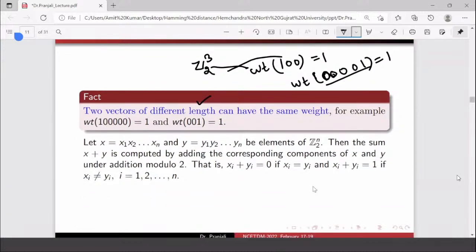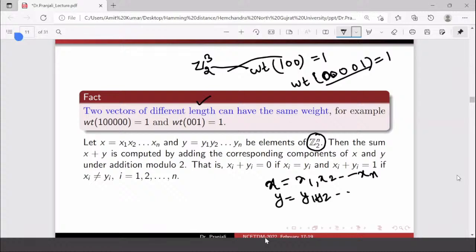Now, in order to see the Hamming distance, if you have 2 strings x and y, where x is x1, x2, x3, up to xn, because we have taken the elements of Z2 to the power n, then how do we define the sum? We define the sum of the corresponding entries of x and y.